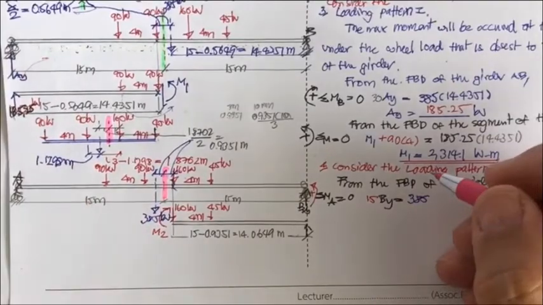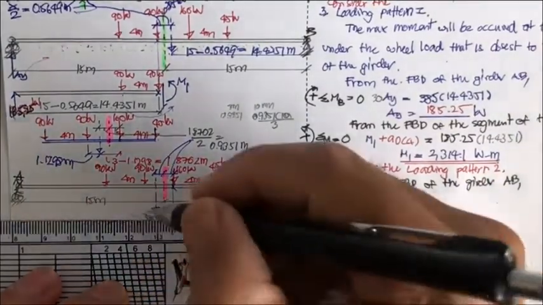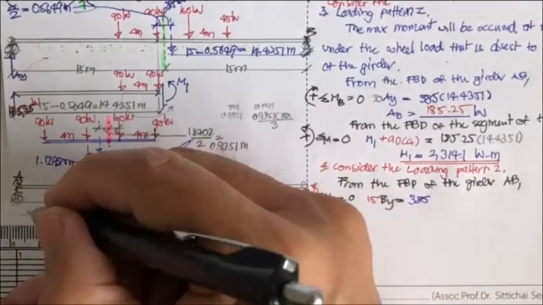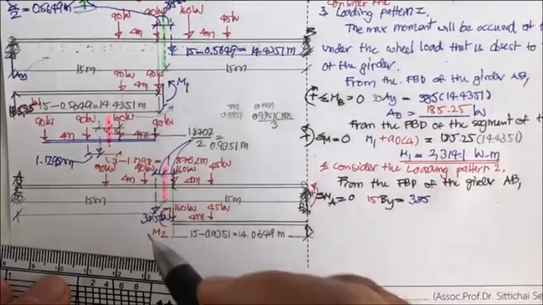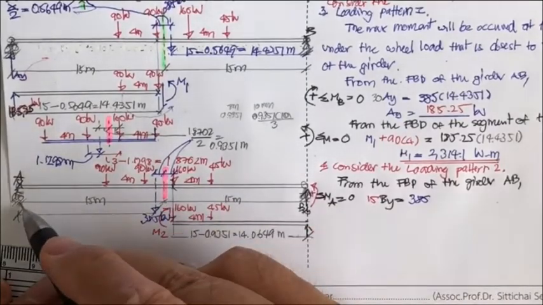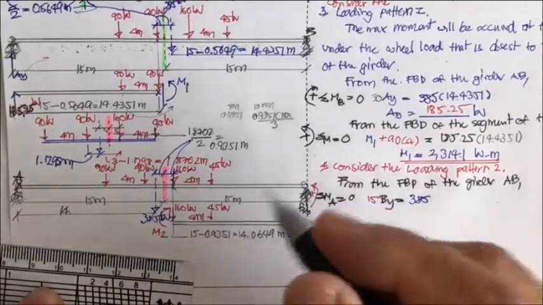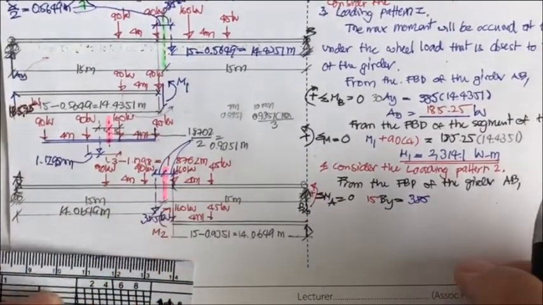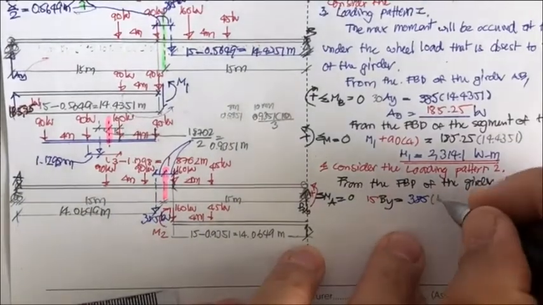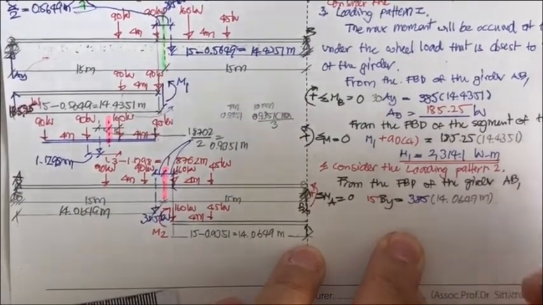that is 385, and then the distance from the F sub R to A, if you may notice, is going to be the same distance as here. It's 15 meter minus this, which is 14.0649 meter. You just put this one with 14.0649 meter.